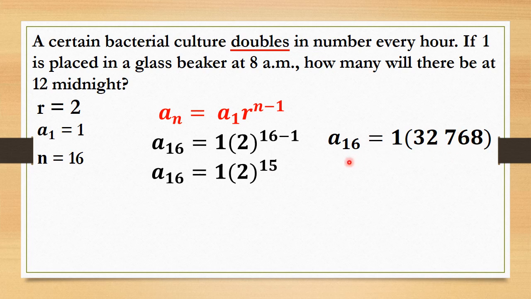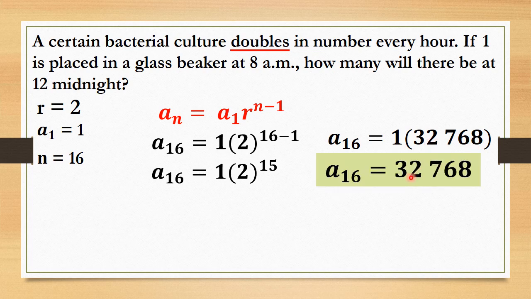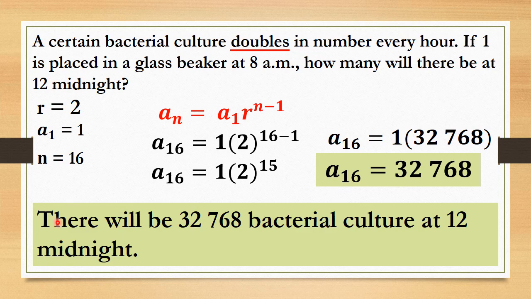So, our 16th term is the product of 1 and 32,768. So, ito yung 16th term natin. So, therefore, there will be 32,768 bacterial culture at 12 midnight.